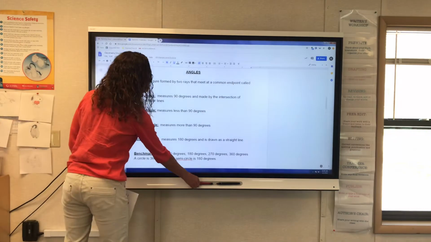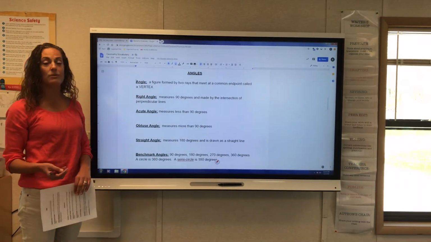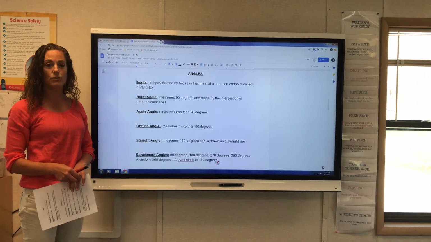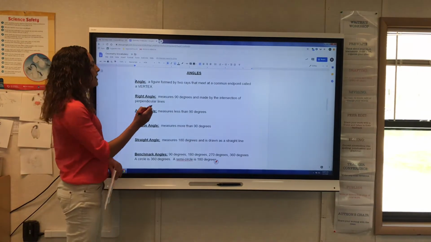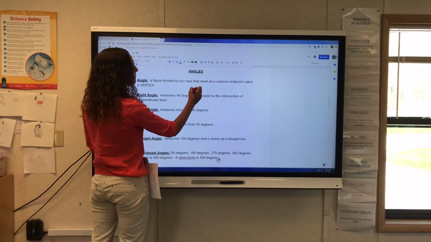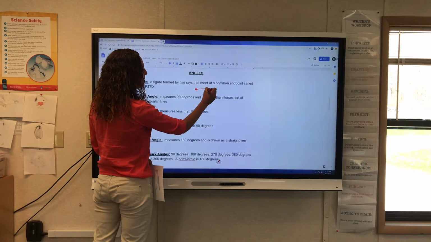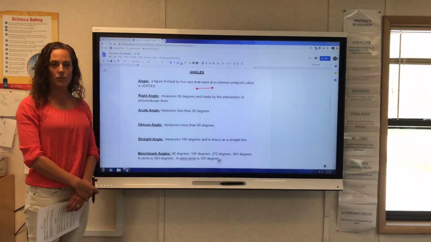So the way to make an angle, if we were doing this the correct way, we'd be using a straight edge. You'd be using your ruler to do this, but I'm going to show you without. I would draw a ray. So you remember from the last video, a ray had one endpoint with an arrow at one end.